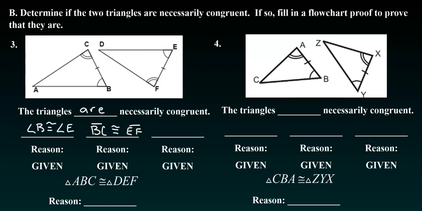So the only thing we haven't stated is that angle C is congruent to angle F. So we state all of the congruent things that we see inside our figure, and because we have an angle with a side then an angle, we have angle side angle, and that is the reasoning for why triangle ABC is congruent to triangle DEF.